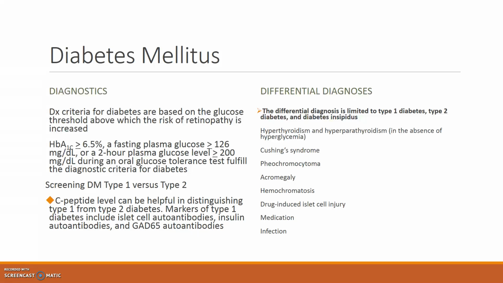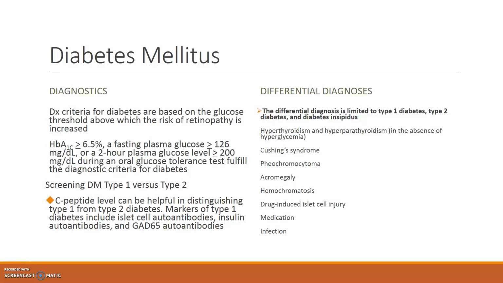And screening sometimes will involve, and often when you're trying to differentiate between type 1 and 2, C-peptide level and those markers in type 1 of islet cell autoantibodies, insulin autoantibodies, and those GAD65 autoantibodies.